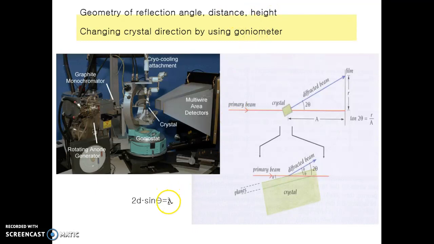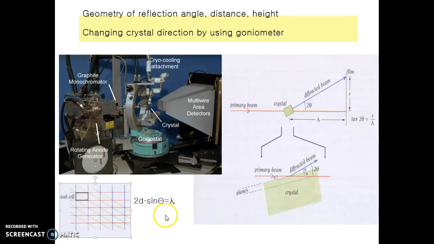And lambda is just simply the wavelength of the X-ray we use for this experiment. Meaning what? We could determine d, the distance between two parallel adjacent lines.